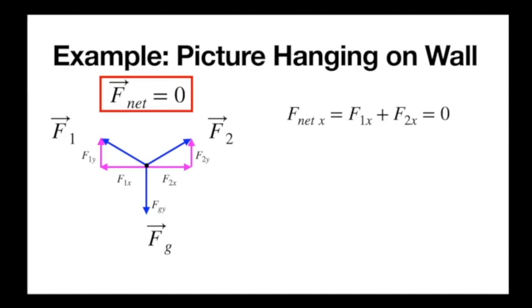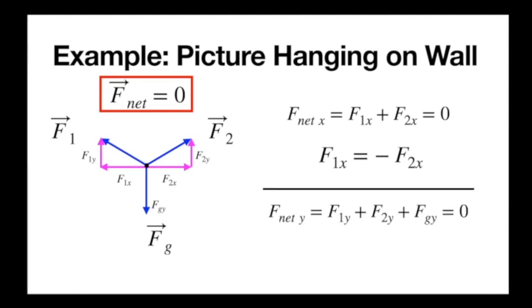So algebraically, this means in the x direction, F net x, which is equal to the sum of the x components, equals 0, and that just tells us that the x components are equal and opposite, like we just decided. And in the y direction, we have the sum of all three of these y components equals F net y, which also has to equal 0. And so we find that the sum of the two y components of the string forces are equal and opposite to the force of gravity.